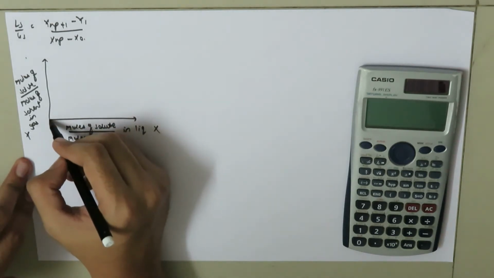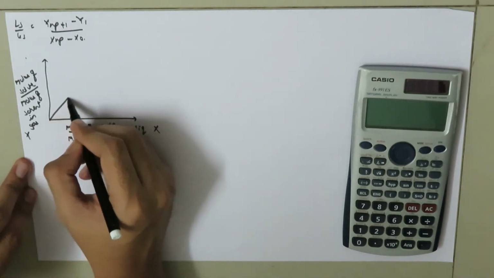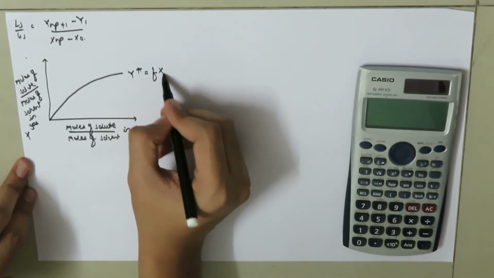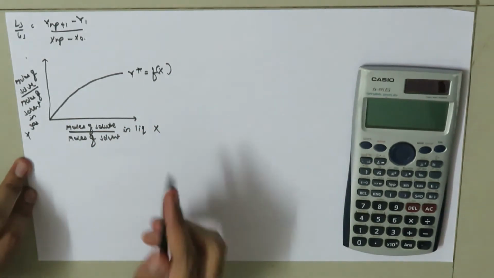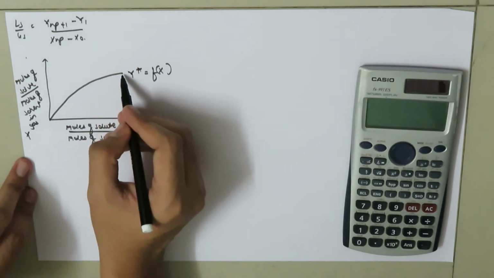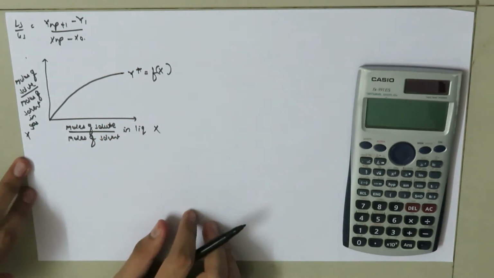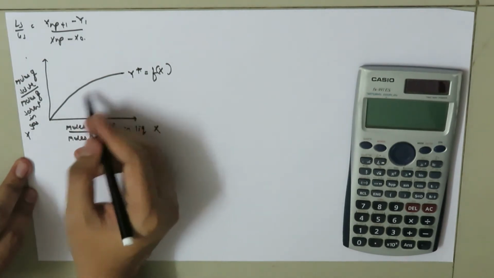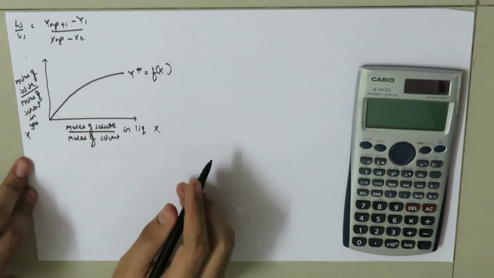And suppose our equilibrium line is in this form, so this will be y star equal to a function of x. It is important to note that the nature of this equilibrium line depends upon the system. For simplicity, we are going to consider this equilibrium line in this form.